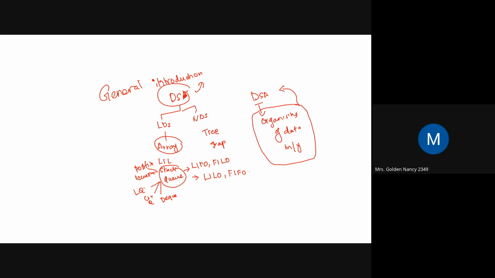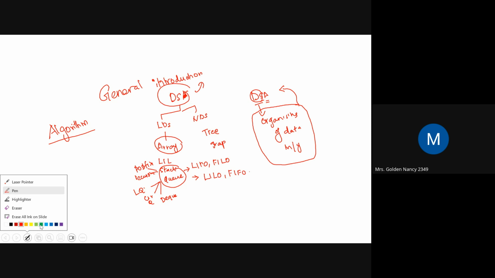In the first unit we have seen what is data structure. Now we are going to see what is an algorithm and how algorithms are analyzed. You would have learned this term in your programming language: an algorithm is a step by step instruction through which you can make the program.